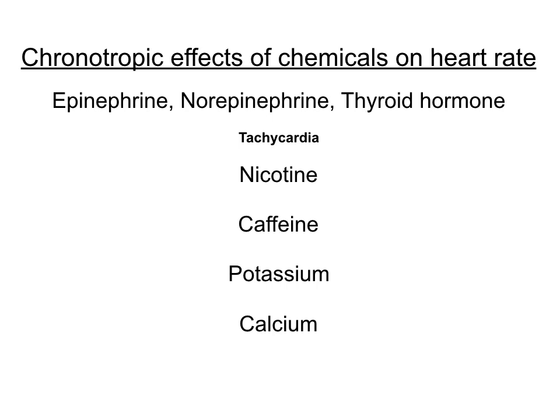Thyroid hormone also has the ability to increase heart rate and contractility, however, through a much different mechanism. Thyroid hormone actually increases the number of adrenergic receptors in the sinoatrial node.